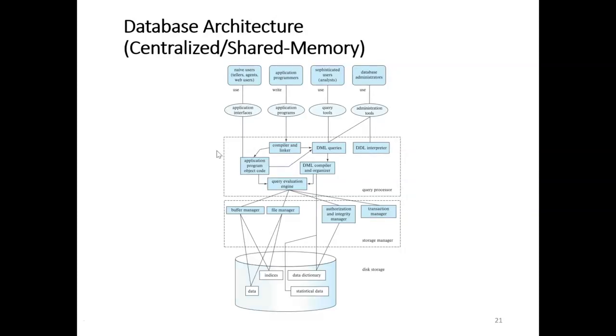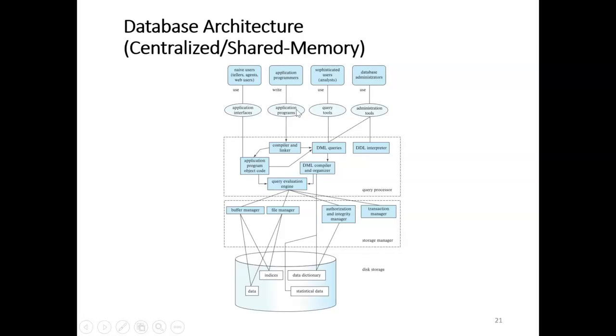So I think this shows a very nice flow of how each user will interact with the database. For the naive users, through the application interface, they're going to submit some commands. Usually this is more like forms, web-based forms or some other kind of forms. Those application programs will be compiled and generate object code. Then the object code will be sent into the query evaluation engine for the execution of the query, okay?